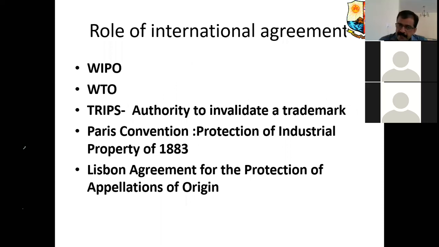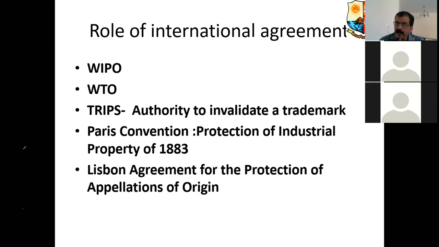Now, how will international organizations or agreements protect geographical indications? As we know, we have the World Intellectual Property Organization, the World Trade Organization, and TRIPS. All have various laws. They made various provisions in the law to protect the GI.